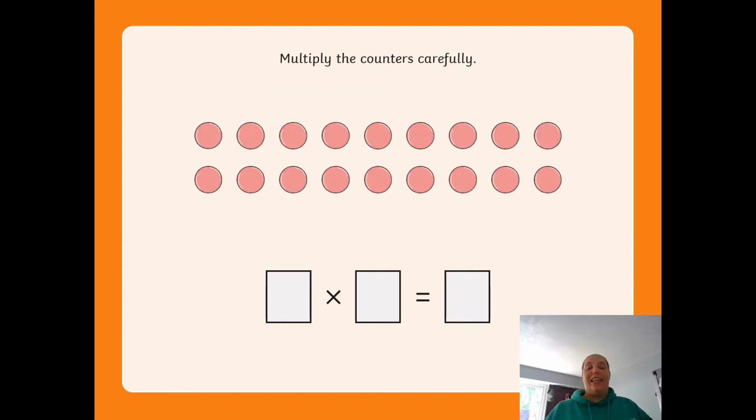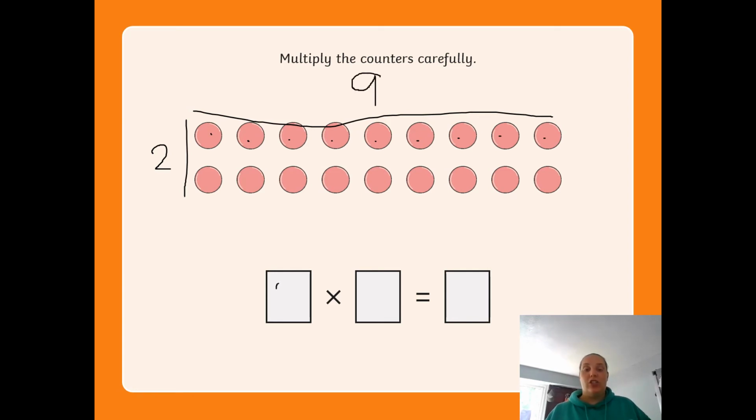Now this one is a little bit easier to count because they're in groups of 2, because we have 2 counters going down in our rows, and we'll just double check how many we've got going in our columns. So we've got 1, 2, 3, 4, 5, 6, 7, 8, 9. So 9 is the number that we're going to be working with today.